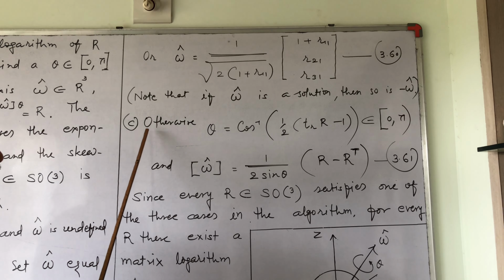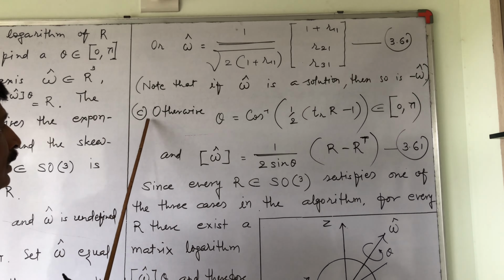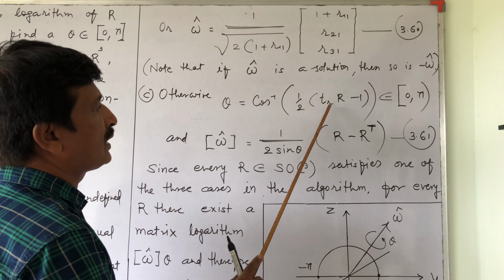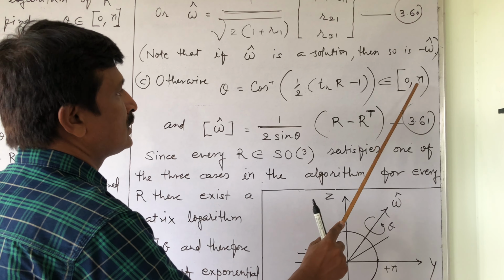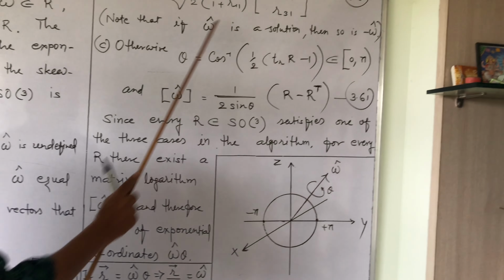If the angle is not pi and not 0, then theta equals cos inverse of half times (trace of R minus 1), where theta belongs to the half-open interval [0, pi). We have discussed this formula.